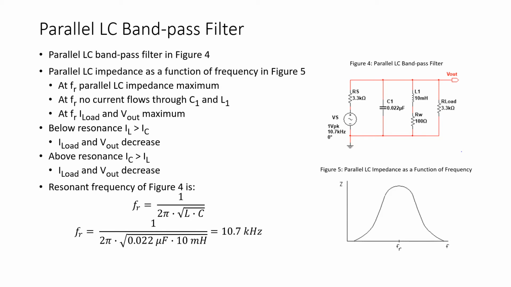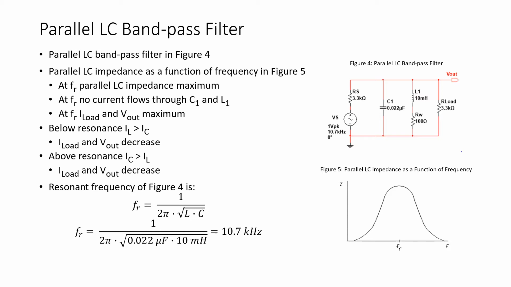Now at frequencies below resonance, IL is greater than IC, therefore current has another path to flow than through the load resistor. If we look at the circuit of figure 5, we see that at frequencies below resonance, the impedance of the LC parallel combination decreases. Therefore, current flows to ground through the inductive branch, reducing the current through the load resistor.